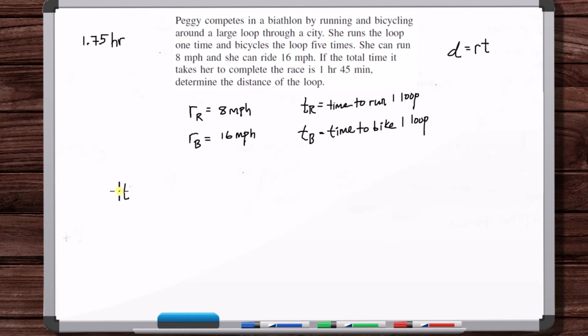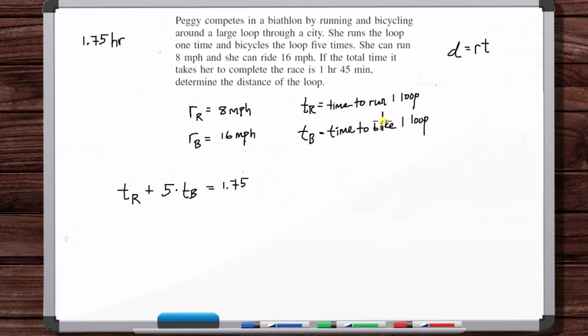So the time for her to run a loop plus 5 times the time for her to bike a loop, right? Because she ran the loop once and biked it 5 times, is equal to 1.75.